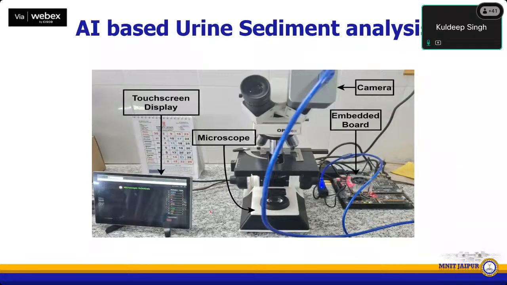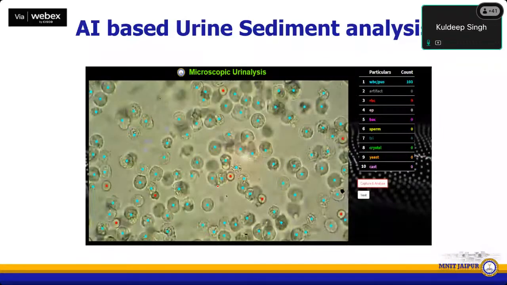Further, these microscopic images can be fed to the custom AI models which we have developed, and these are the results given by our model. I just want to clarify here that the performance of these models is really good.